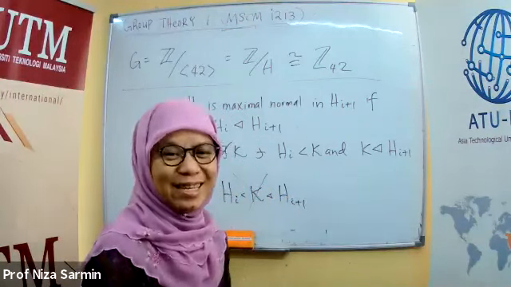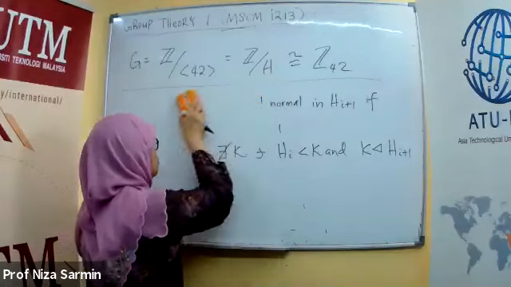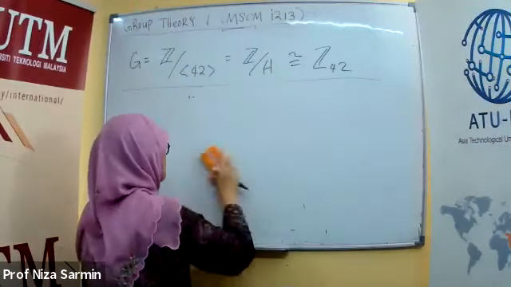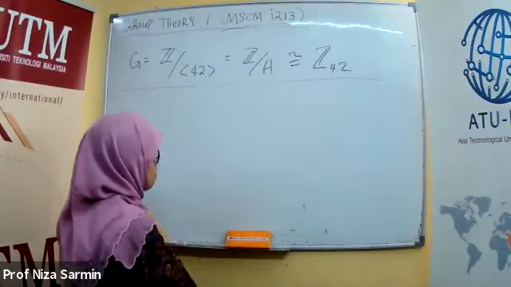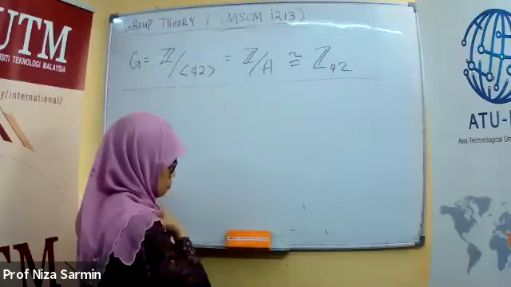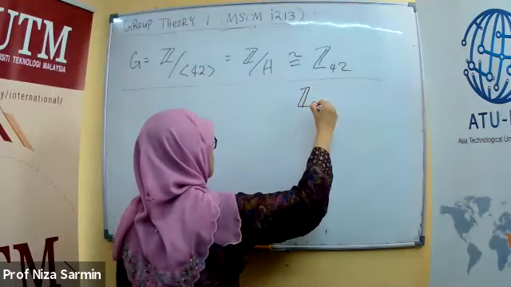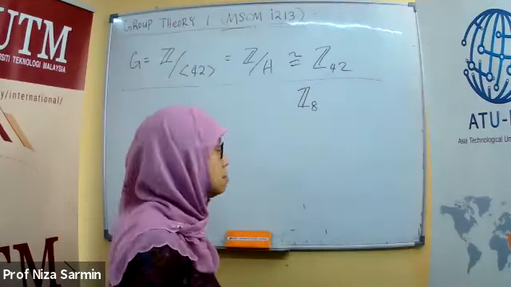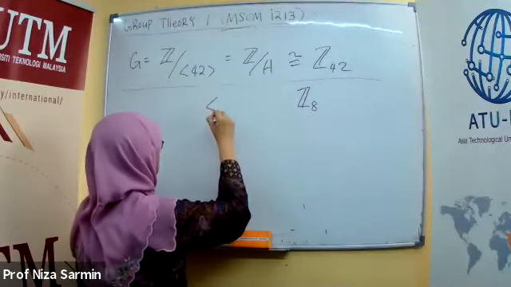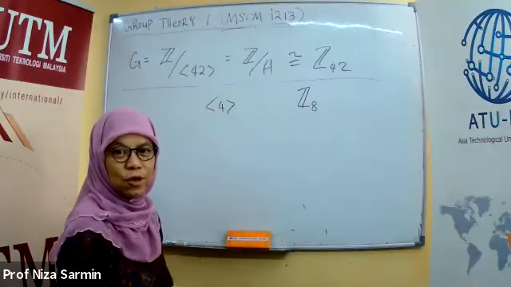You want to see an example, right? So I give you one example, yeah? You have Z8. Okay, Z8. You have this, right?